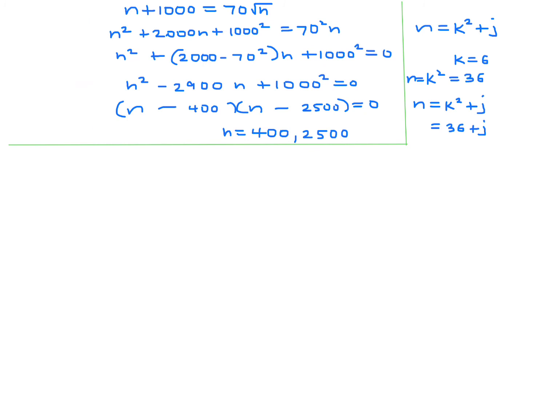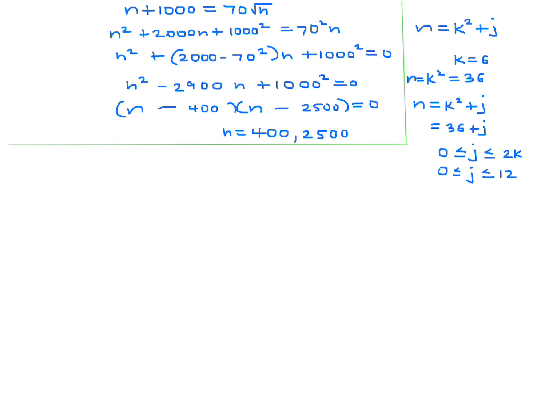The only way it will not be a perfect square is a special condition: j has got to be greater than or equal to 0 and less than or equal to 2k. That's very important. In this case, k is 6, so j would be less than or equal to 12.